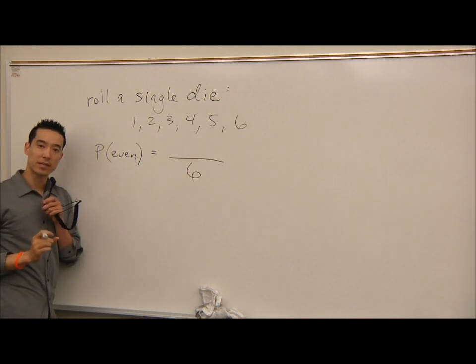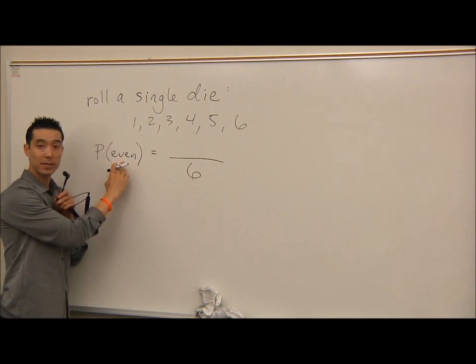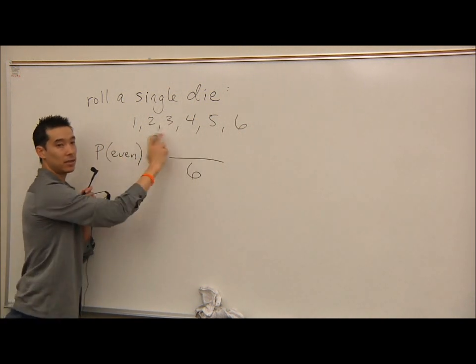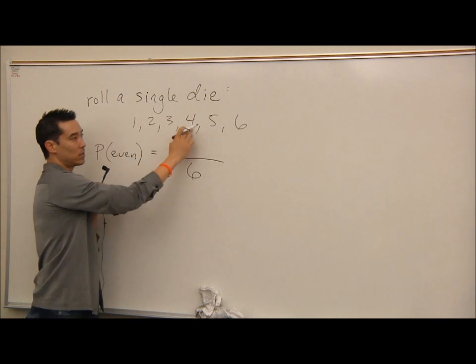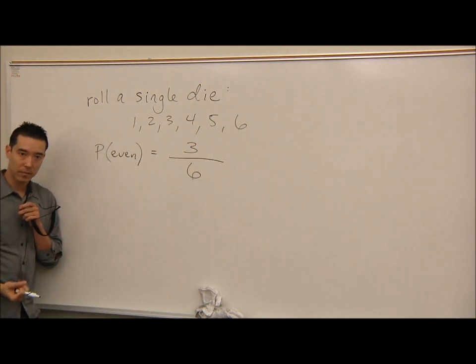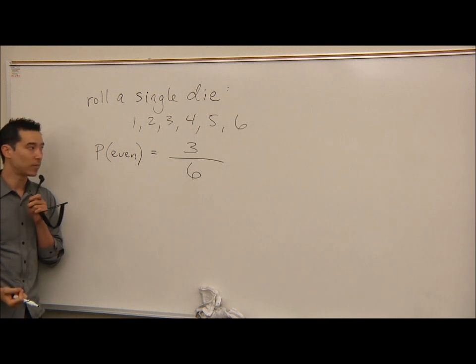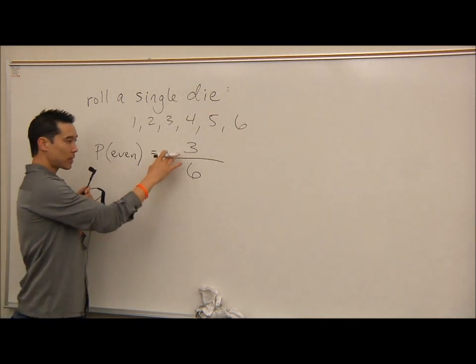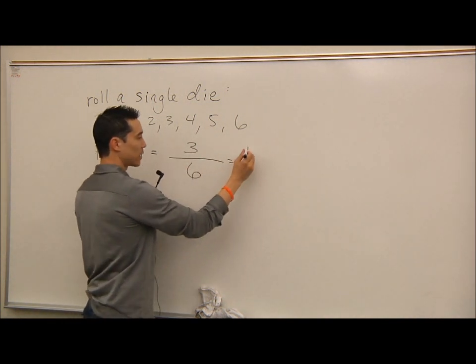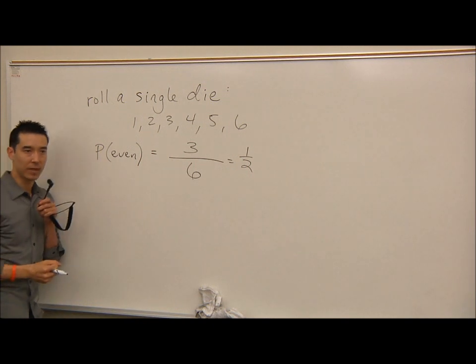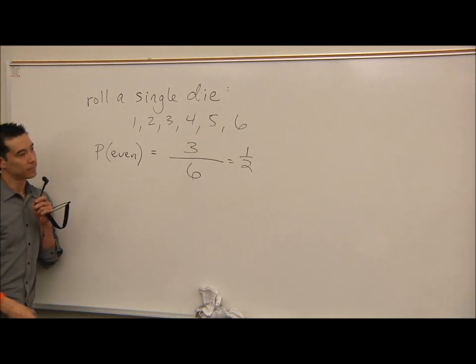The numerator is how many times this thing happens in your outcomes. How many times do I get an even number in these 6 outcomes? 3. 1, 2, 3. And that's how we solve this probability. Okay? That's called classical probability. So the probability of getting an even is 3 divided by 6, which I can reduce down to 1/2. And you guys could put 0.5 or 1/2. They mean the same thing. Okay?